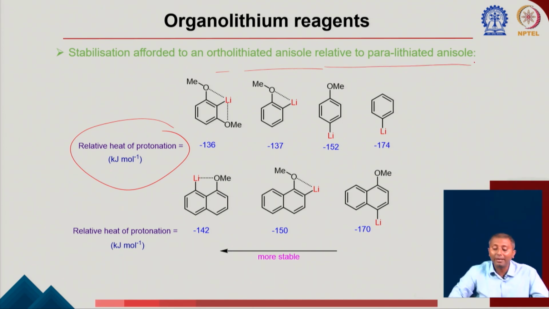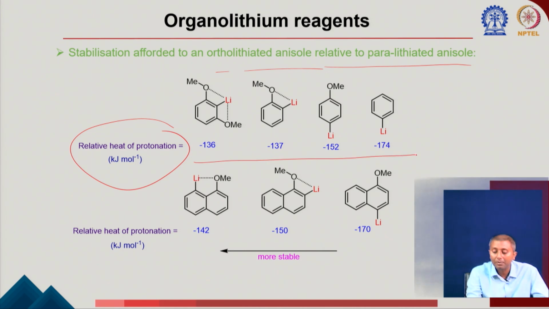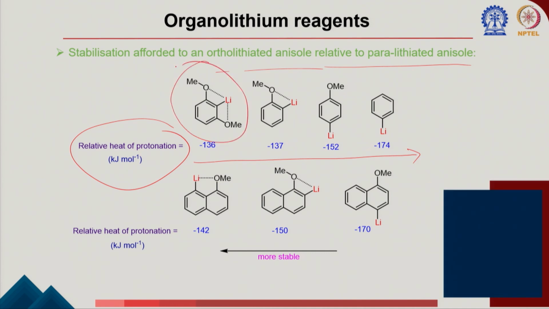Here you can find that the rate is decreasing in this direction, because the heat of protonation value is decreasing with the stabilization. So the formation of the corresponding stabilized lithium species is the driving force, as I mentioned.